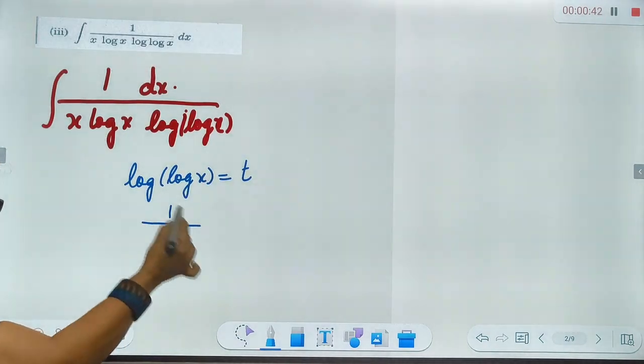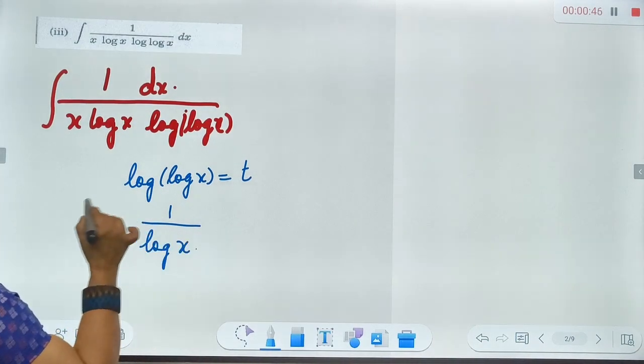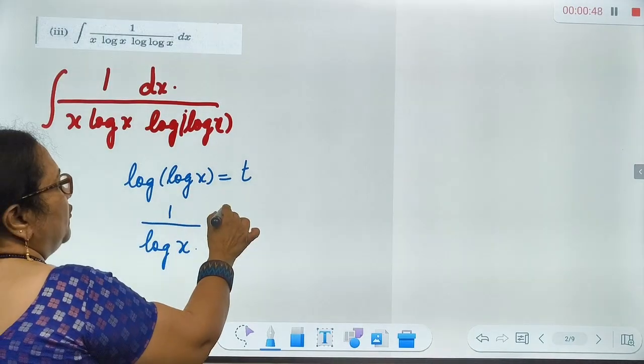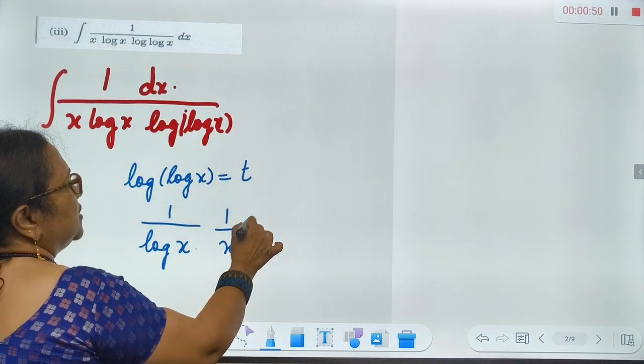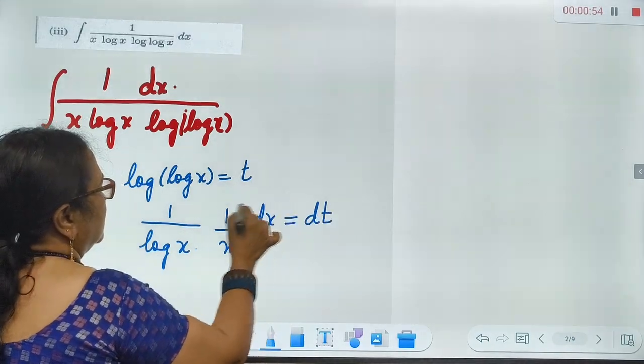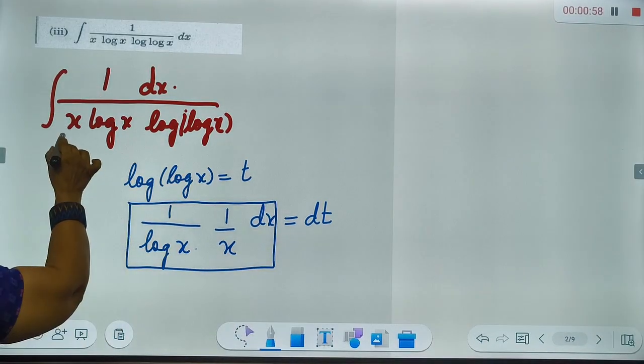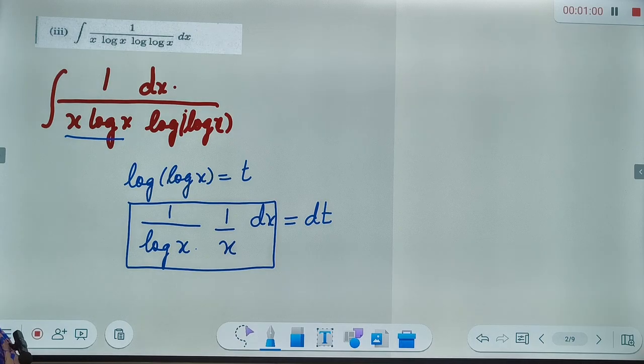Then differentiating both sides, I will get 1 by log x into derivative of log x, which is 1 by x, dx equal to dt. So 1 by x into log x dx will become dt.